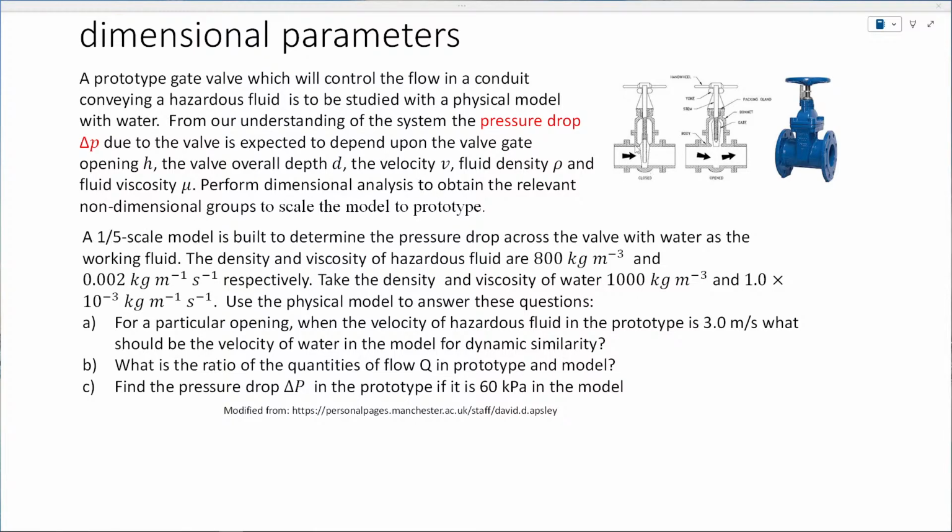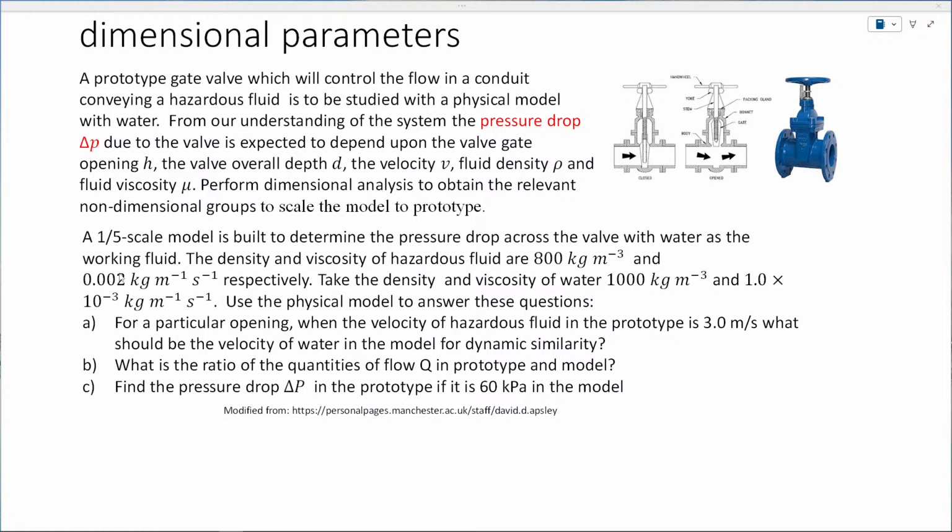If this gate valve has an overall depth of 1 meter, for example, the one in the lab will be only 20 centimeters. Or if this has 5 meters, the one in the lab will be only 1 meter, depending on how big it is. But the actual dimension is not important. We just need to know the scaling, the ratio.